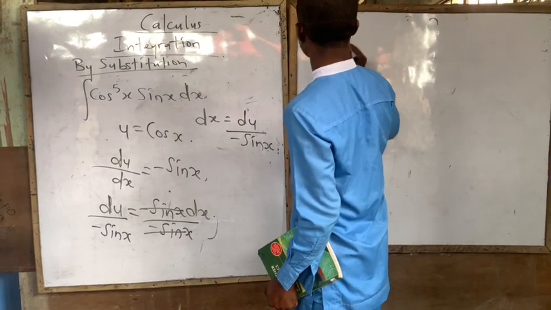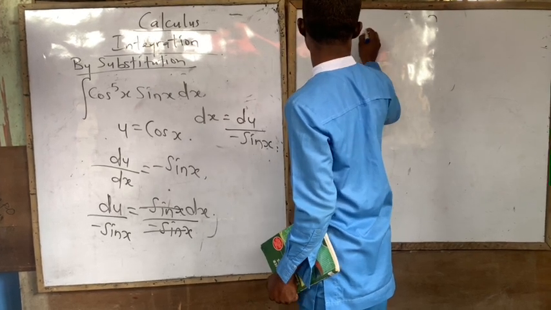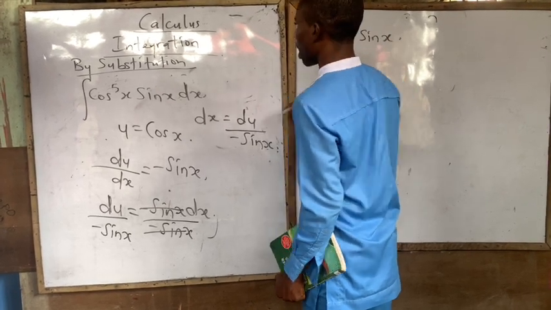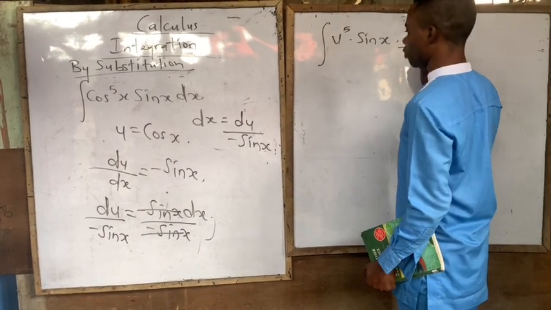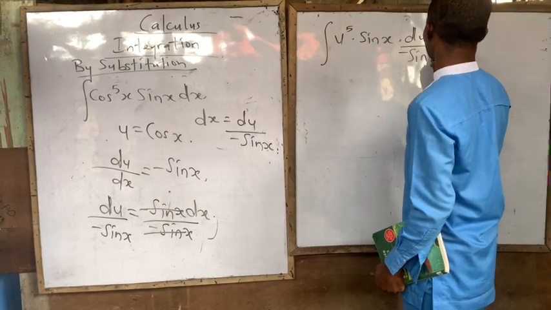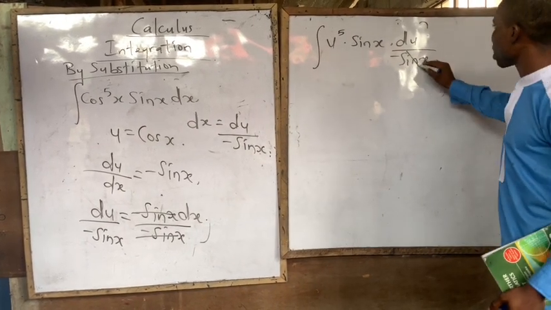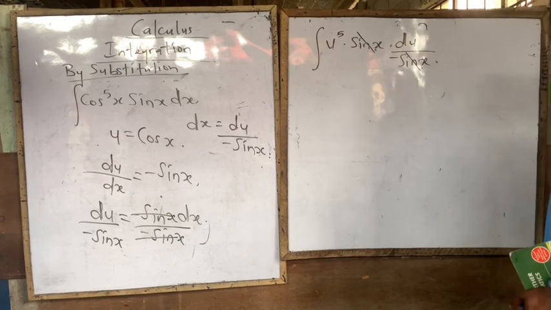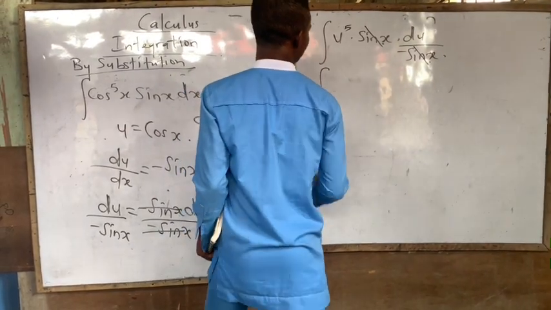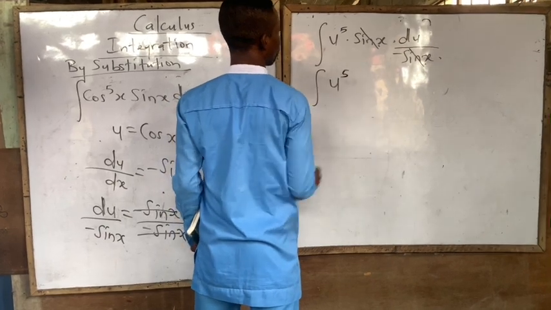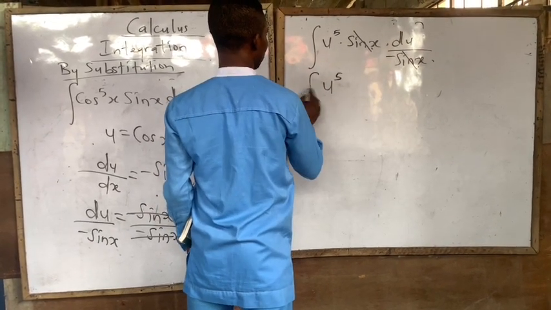That is u raised to power 5 multiplied by sin x multiplied by, what's our dx? Our dx is du all over minus sin x. That means this cancels this, and we are left with the integration of u raised to power 5. Do not forget this minus. It will come and reflect back here.